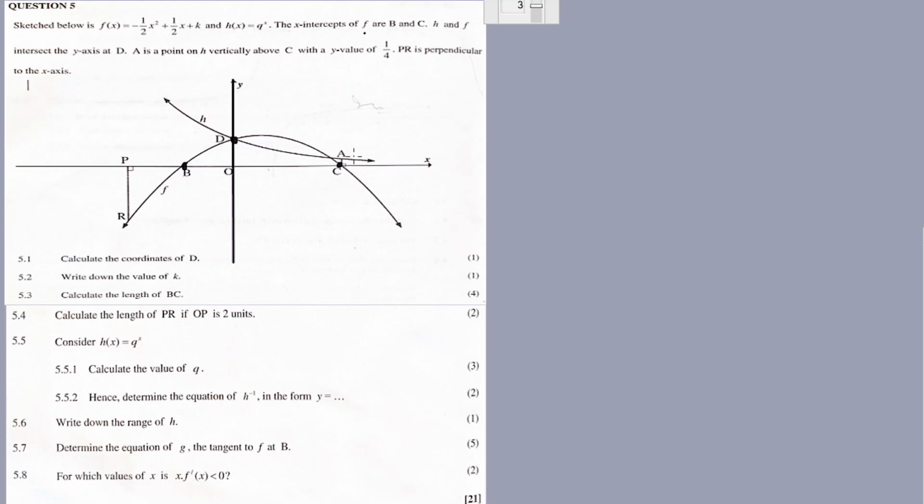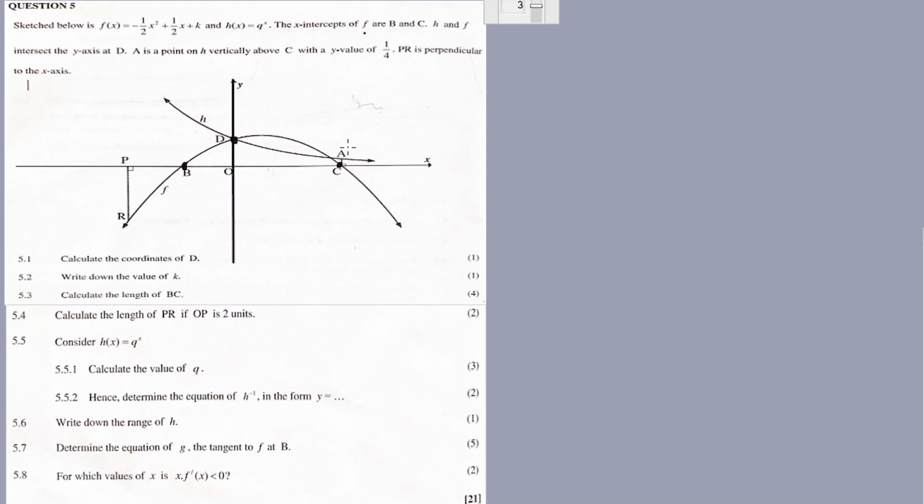So both functions have a similar y-intercept, right? Then A is a point on h vertically above C, meaning that A and C share a common value of x.